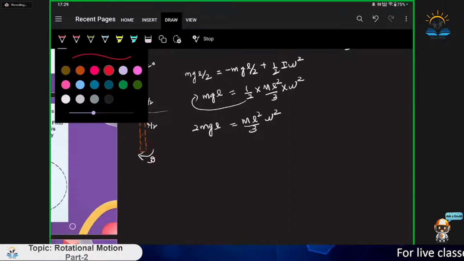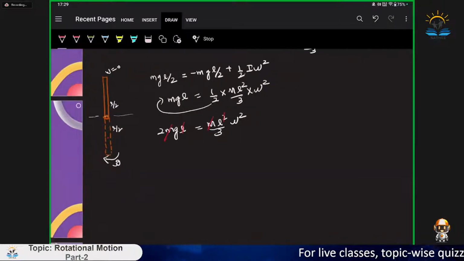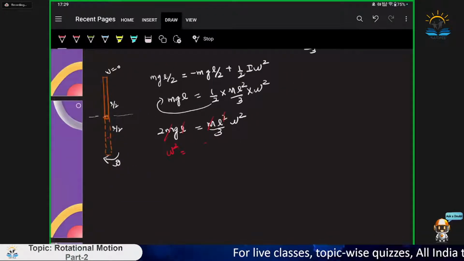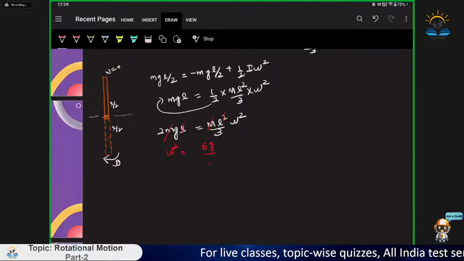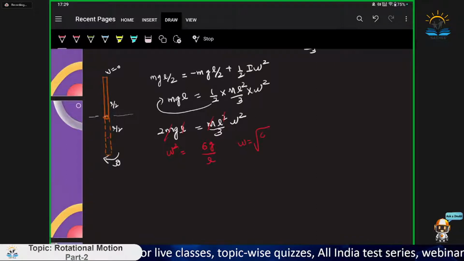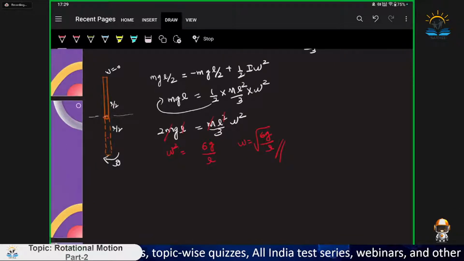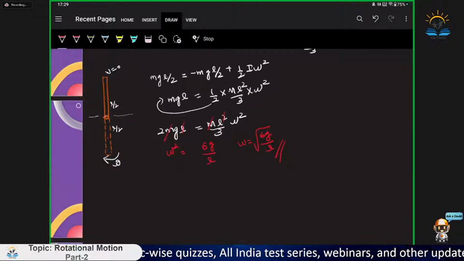So we can cut ml, so omega square equals 6g upon L. So omega equals root of 6g upon L. This is the angular velocity when the rod reaches its lowest point.